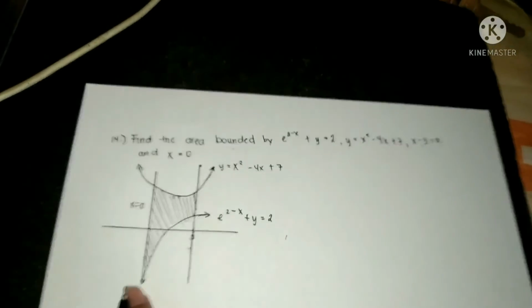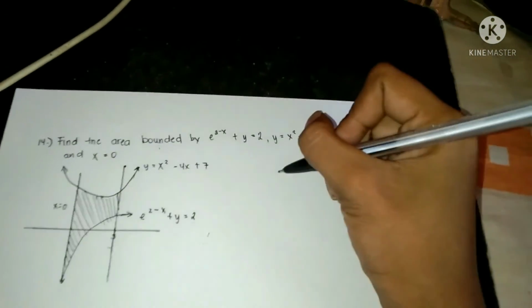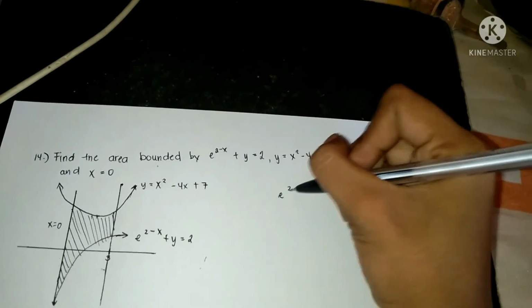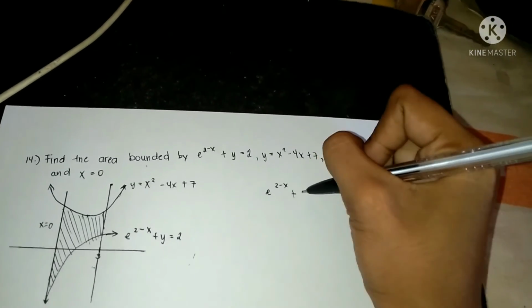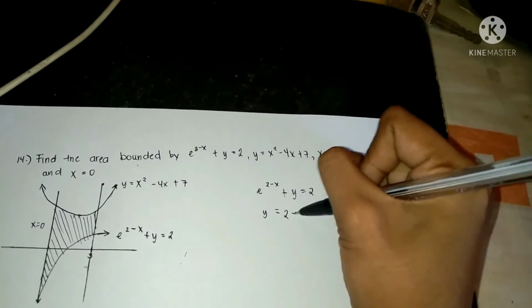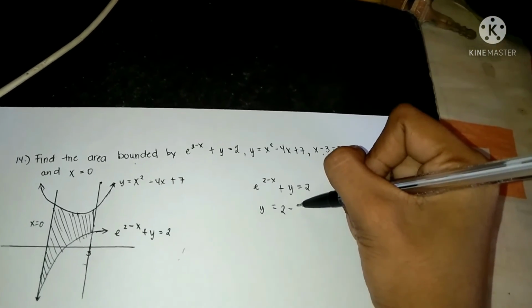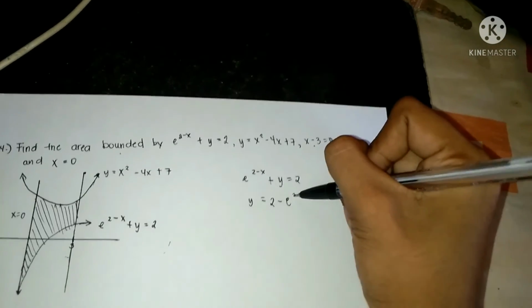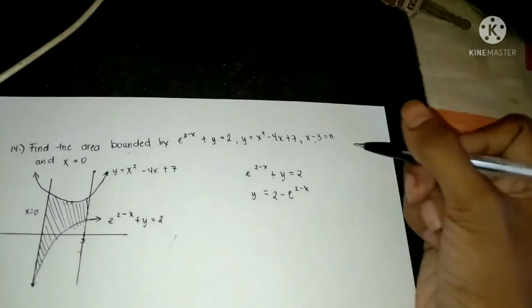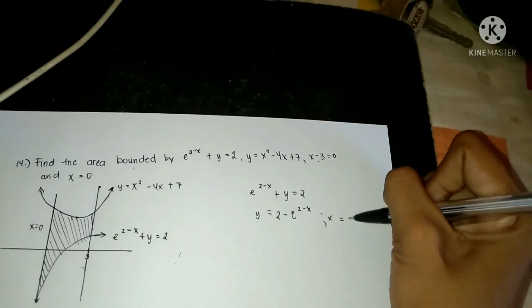So, kunin muna natin yung intersection point na dito. Sa part na to, magiging e 2 minus x plus y is equal to 2. Magiging y is equal to 2 minus e raised to 2 minus x. So, yung x natin is equal to 0.